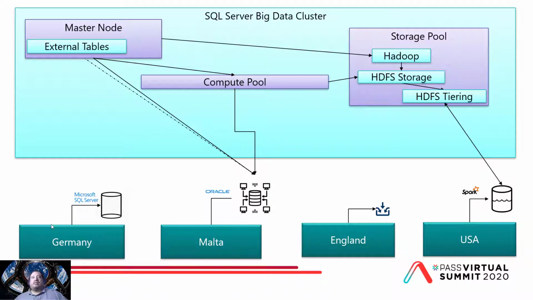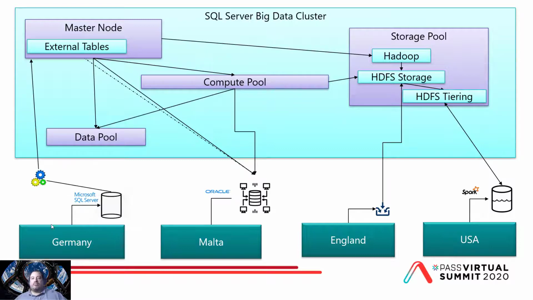We would need to take a decision. Would we create the data warehouse or the data lake in the branch and then virtualize? Or would we create the data warehouse or the data lake already inside the big data cluster at the headquarters? It's a decision that we need to make, and both situations are possible.